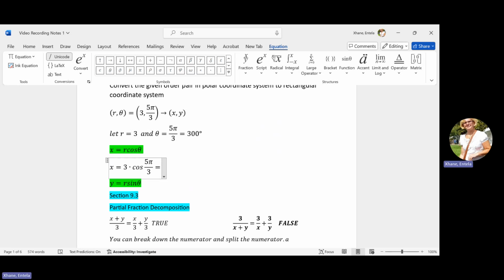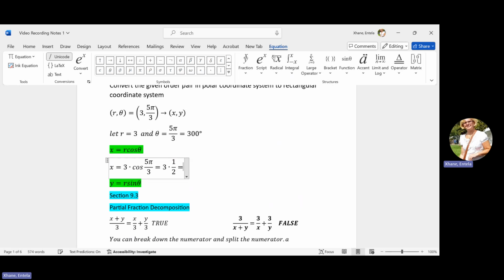When you look at the unit circle, 300 is an angle in the fourth quadrant where cosine is positive. And cosine of 300 is the same as cosine of 60 degrees, which is 1/2. So I'm going to keep 3 as it is, and replace cosine of 300, or cosine of 5 pi over 3, by 1/2.